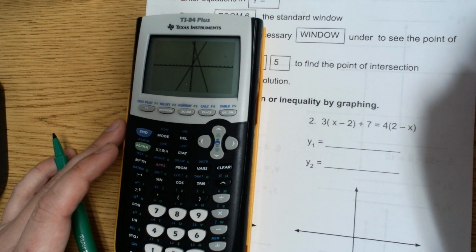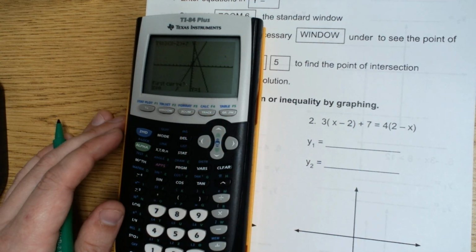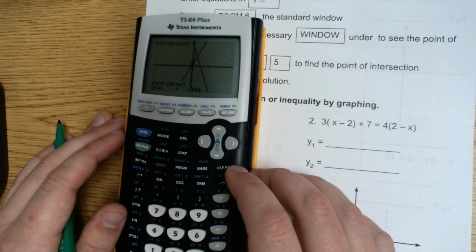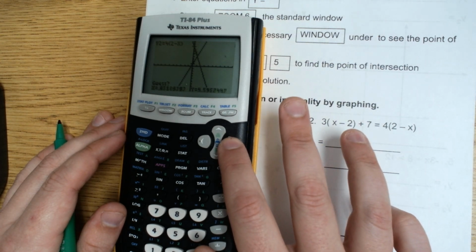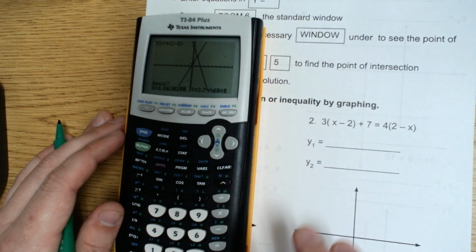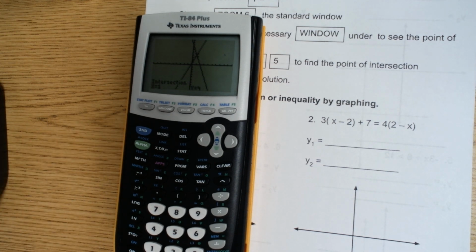It looks like we can. Second, then calc and 5. First curve's there, second curve's there. And then again, I'm just getting it close to this point so that it doesn't find the intercept with the y-axis or the x-axis. And it looks like my intersection is at 1, 4.